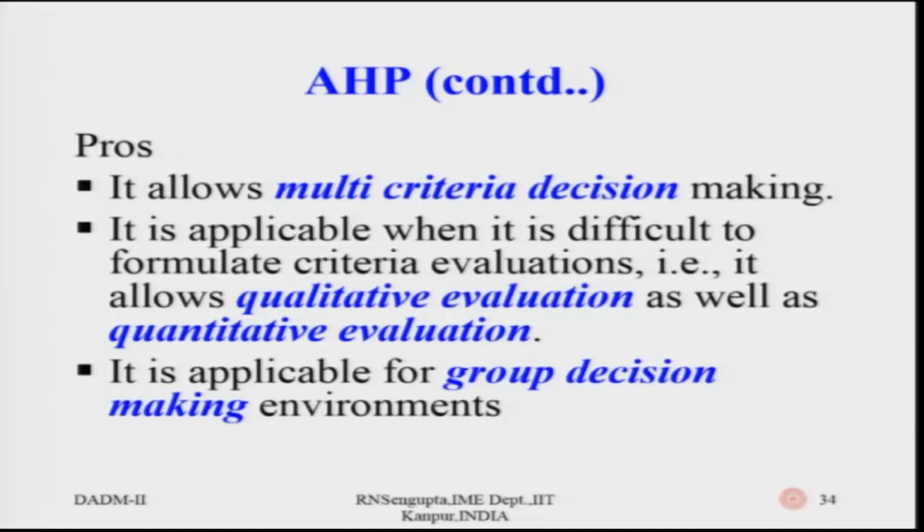AHP is applicable where it is difficult to formulate criteria evaluation, that is, combining qualitative and quantitative is much more rational using AHP. If rationality is to be considered, we can add it accordingly. It is applicable for group decisions.